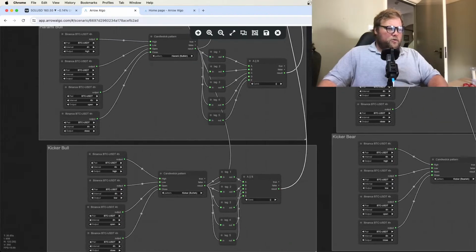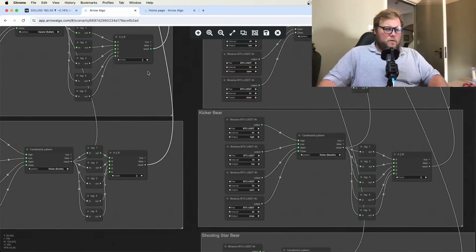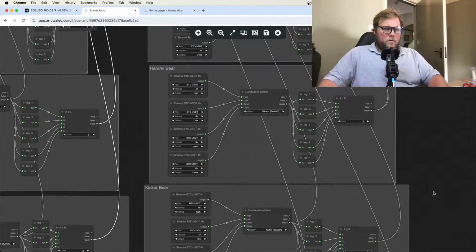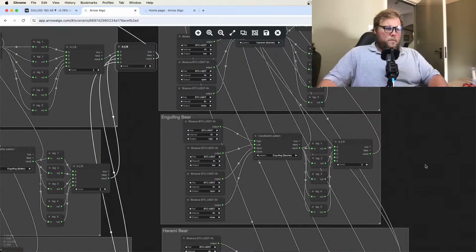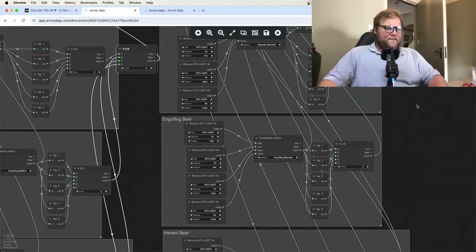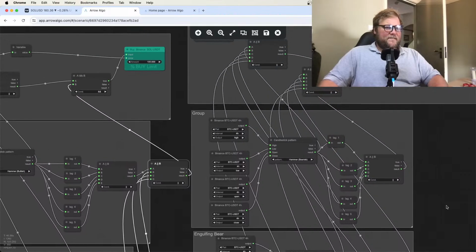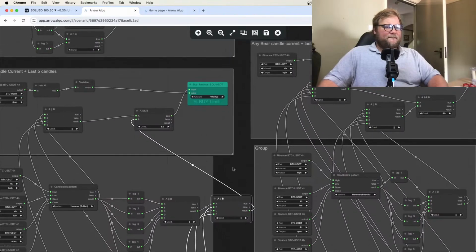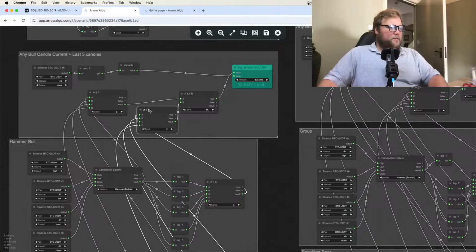Because we're not checking whether it's true or false, we're checking the output. So let's see if that makes a difference.